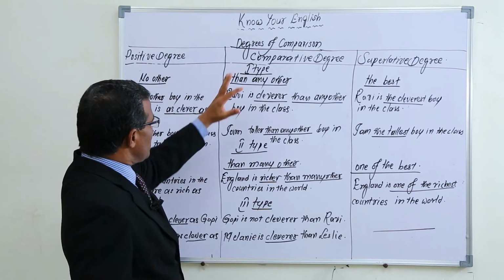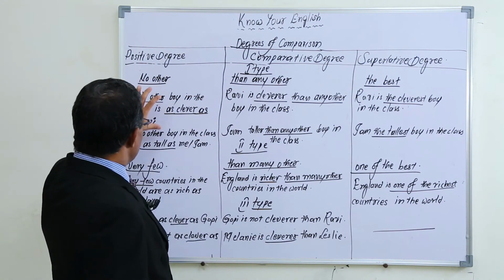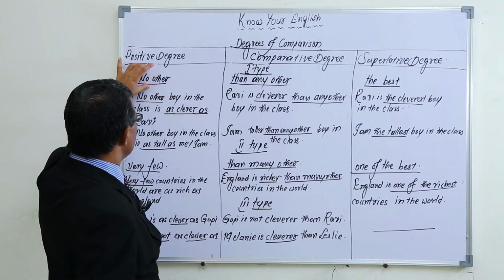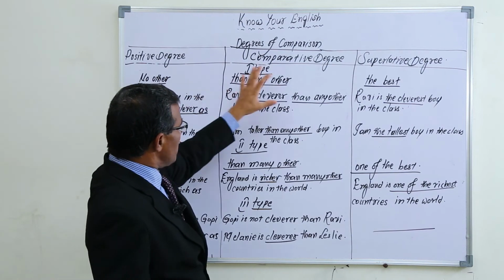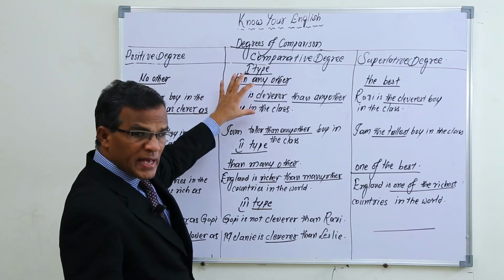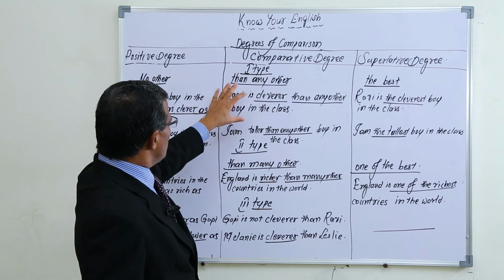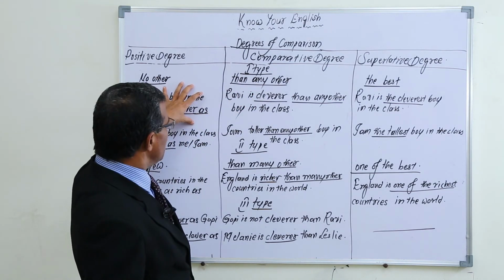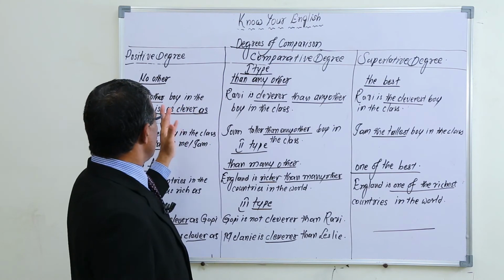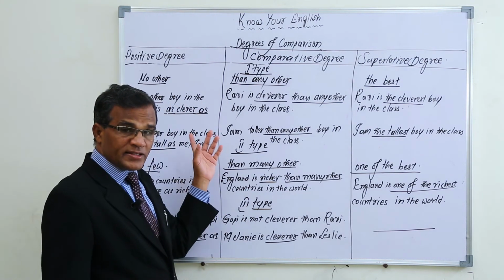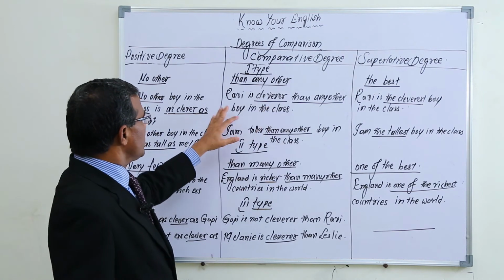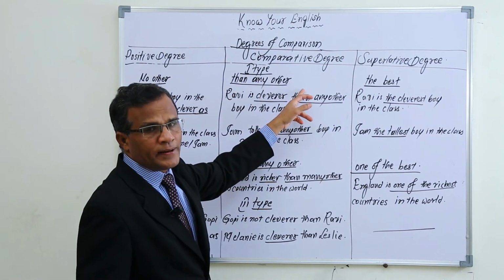Okay, so under the first type, in a positive degree sentence that starts with "no other", for the equivalent meaning in comparative degree without changing the meaning of the sentence, we have to use "than any other".